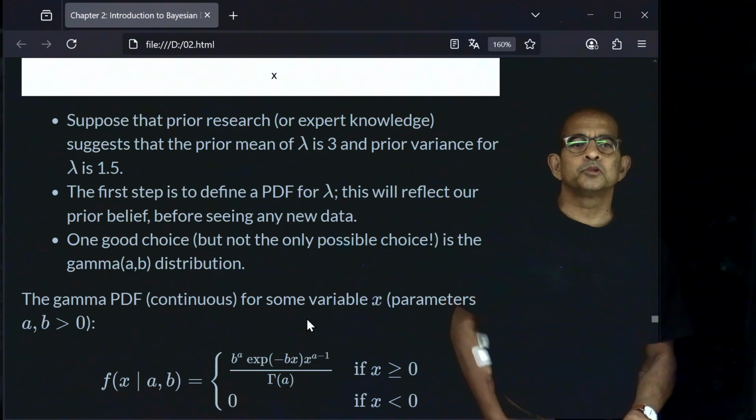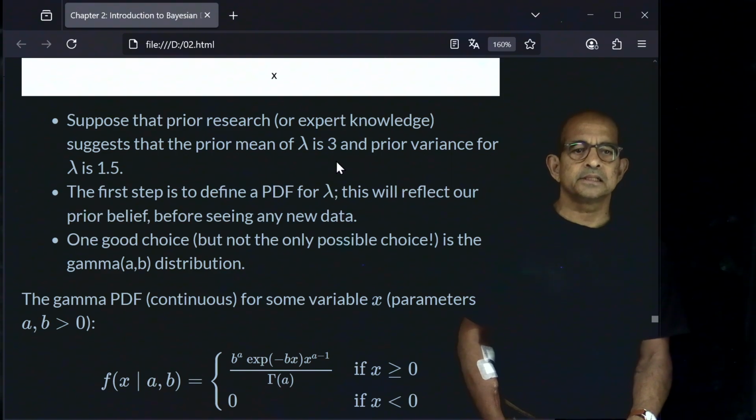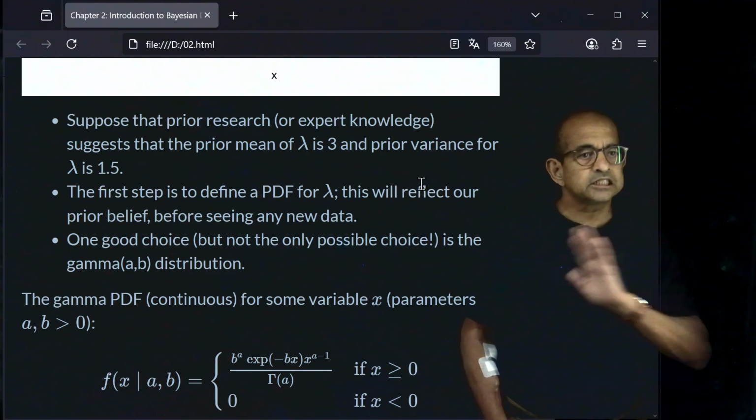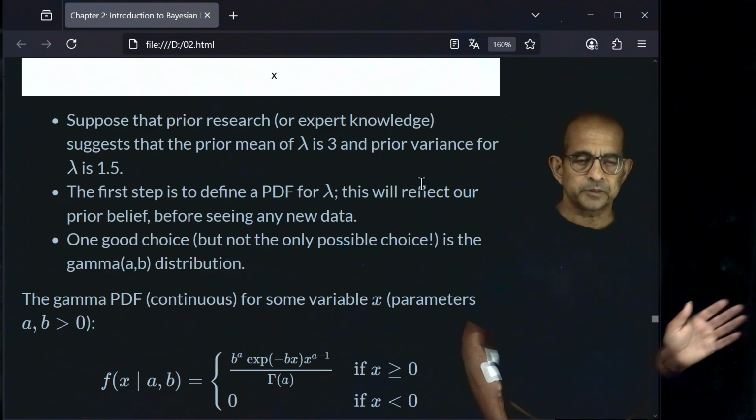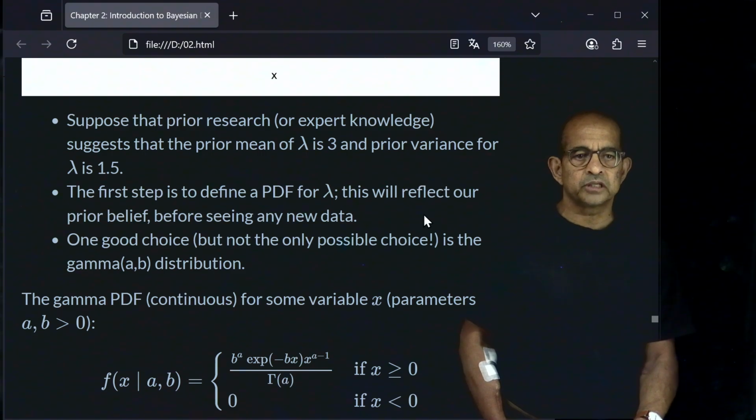Suppose we know from previous research on eye tracking that the average number of regressions is 3. So the lambda is 3 based on previous research, and the variance that we observed in previous work is 1.5. I just made up these numbers. There's nothing special about these numbers. They may or may not reflect anything true about eye tracking. I'm just using them as an example.